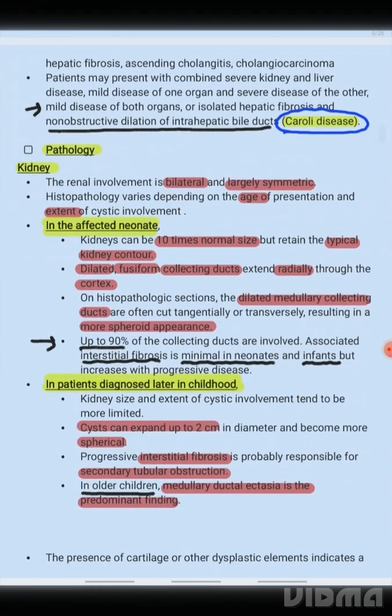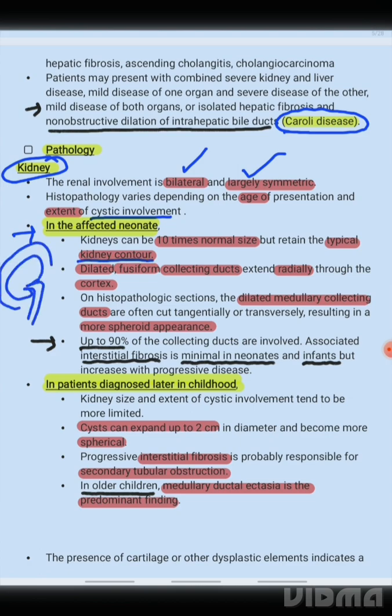Pathology: as far as we know, it involves the kidneys. In the kidney, there is usually bilateral involvement. They become large symmetrically, and on histopathology there is cystic involvement. The kidneys are 10 times normal size, but the good thing is that they maintain the typical contours. The contour is not disturbed, but the size becomes bigger and bigger. There are dilated fusiform collecting ducts radiating through the cortex.